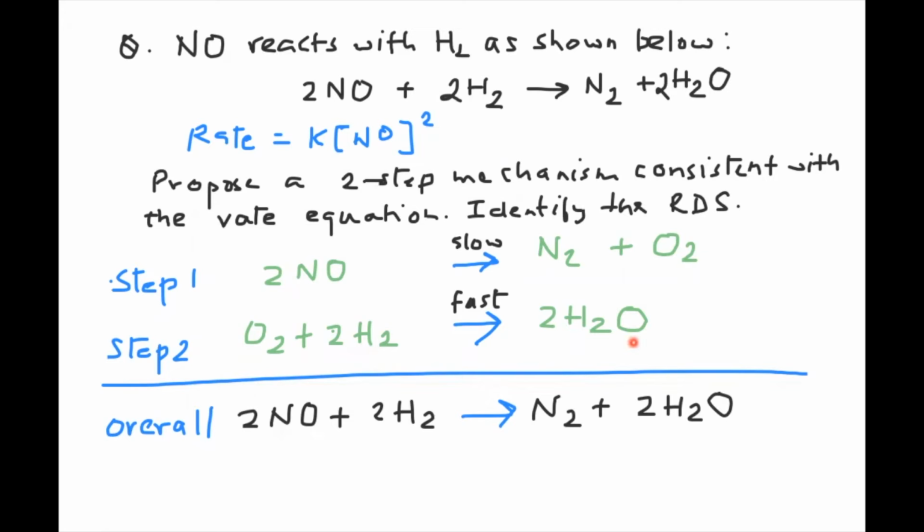So you have 4 hydrogens on the left and 4 on the right, and 2 oxygens on the left and 2 on the right. Now let's go ahead and cancel things that are on opposite sides, which are the same, in this case oxygen. So now when you add up step 1 and step 2, you get 2NO plus 2H2 gives you N2 plus 2H2O, which is consistent with your overall equation.